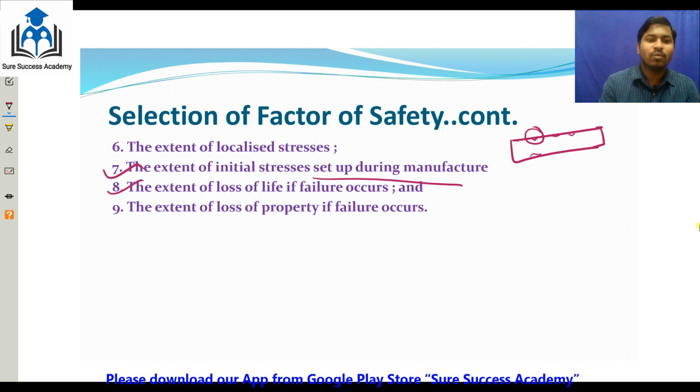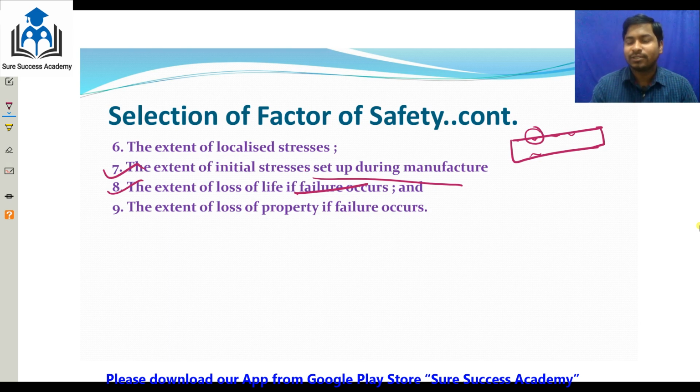The extension of loss of life. Suppose human life is important. To prevent the loss of life, factor of safety is important. If 100 MPa is the material strength and you work at 100 MPa, there is a chance of failure of the material, and in main levers it may suddenly fail and people's lives will be lost.